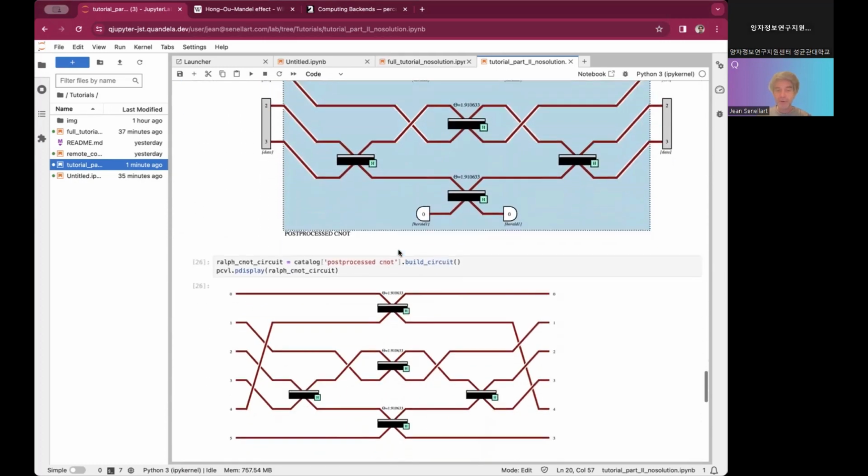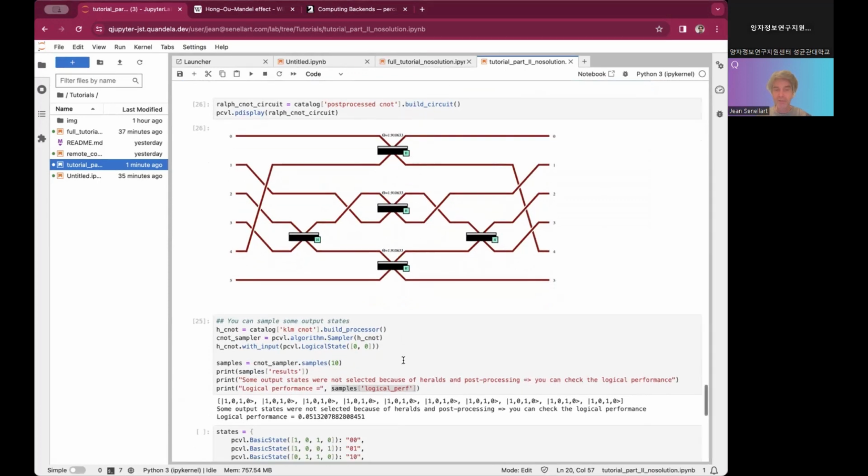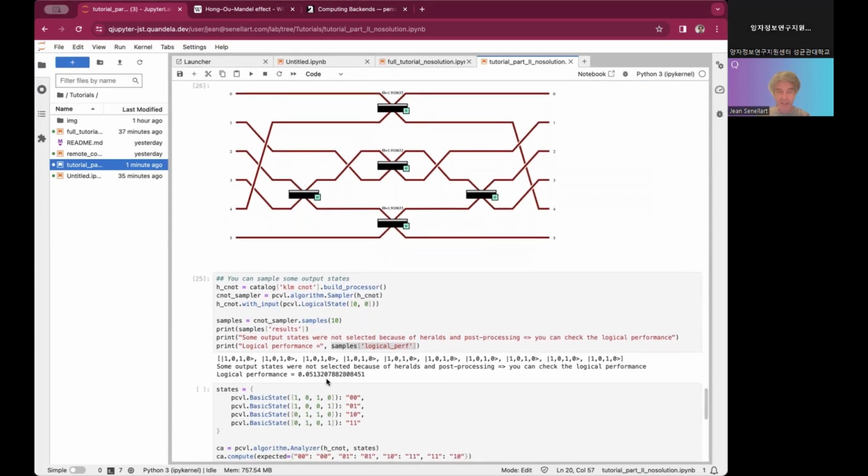The logical performance is how many of the output states will be post-selected by Perceval. If we see what this number is, in fact, this number is 1/9 over 2. This is the logical performance of the Ralph CNOT gate.